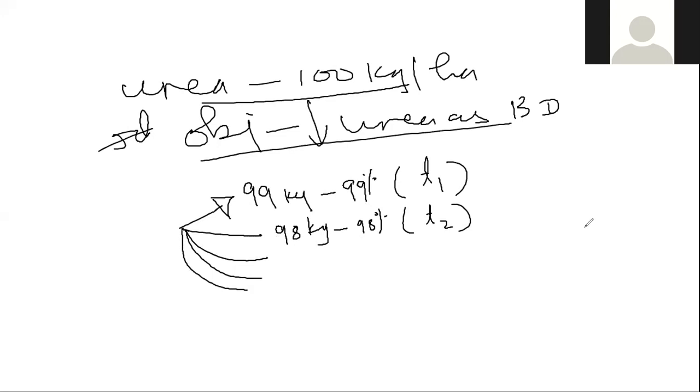Suppose in the same experiment, I decide my treatments as, let's say, T1 reducing by 50%, or reducing by 25%.